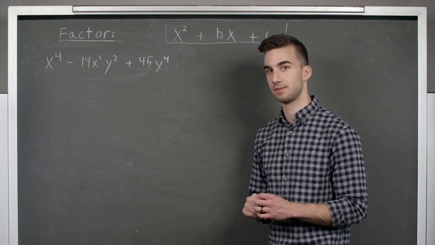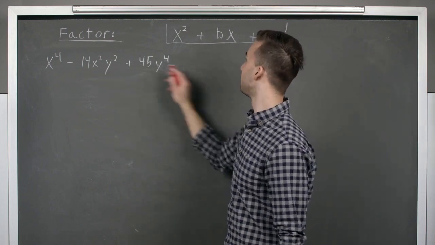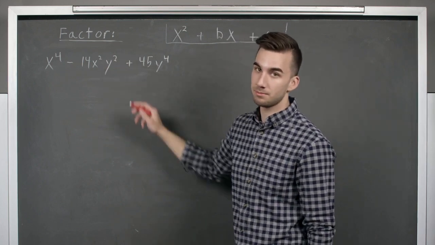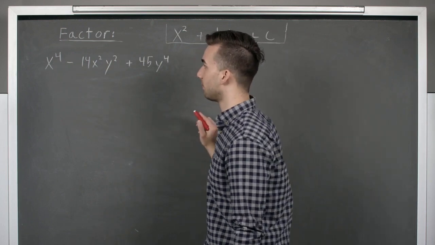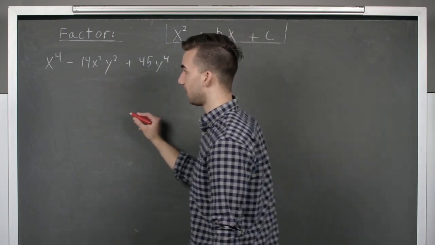In this example, we can actually factor it using the same method as we just factored our last few examples. If you look, we have over here in our bx, our x is an x squared, which would be a problem, but over here we have x to the power of 4, which is x squared squared. Let me just write it to show you.